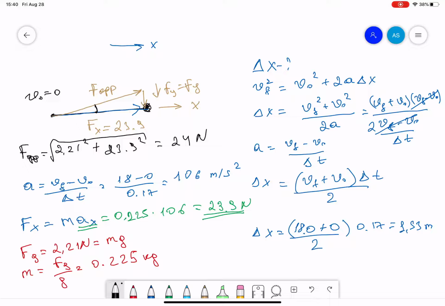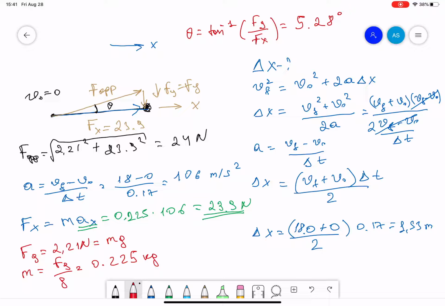Now how can we find the direction? How can we find theta here? Theta is equal to inverse tangent of Fg divided by Fx. If you plug in the numbers, inverse tangent of 2.21 divided by 23.9 gives 5.28 degrees.